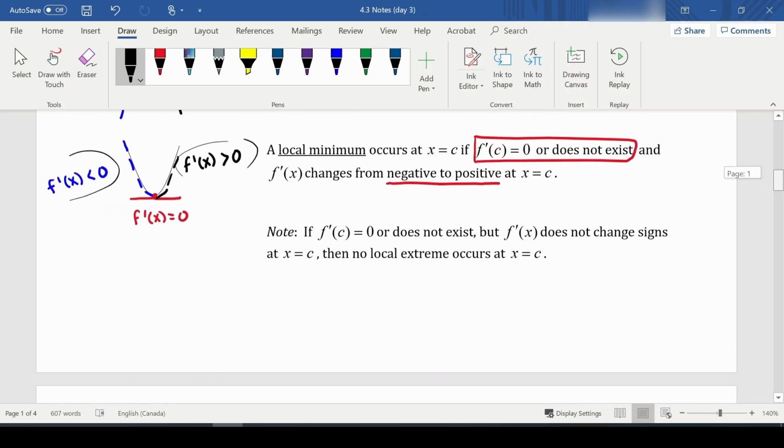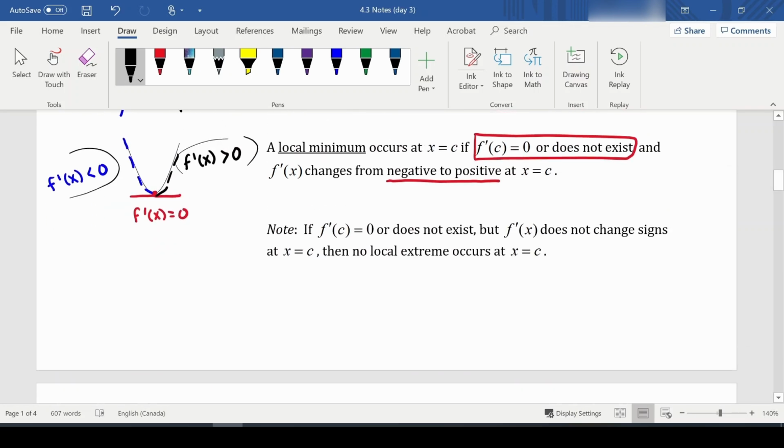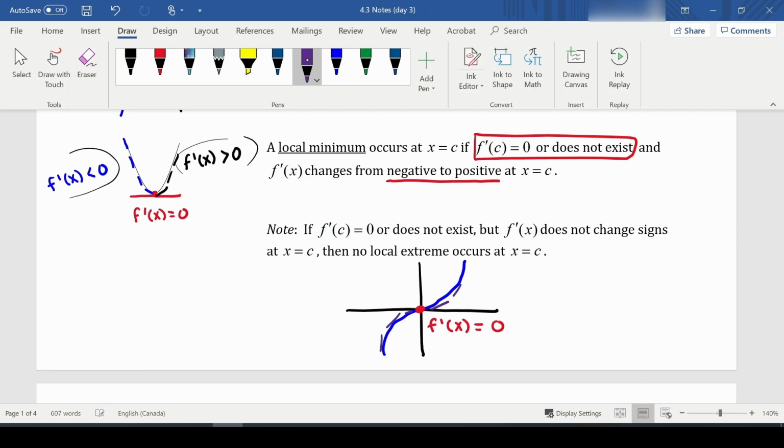If f prime of c equals 0 or does not exist, but we don't change signs, we do not have a local maximum or minimum. An example of where that might happen would be something like this guy here. At this point, f prime is equal to 0, but any tangent lines that I draw anywhere on either side of this value are going to be positive.